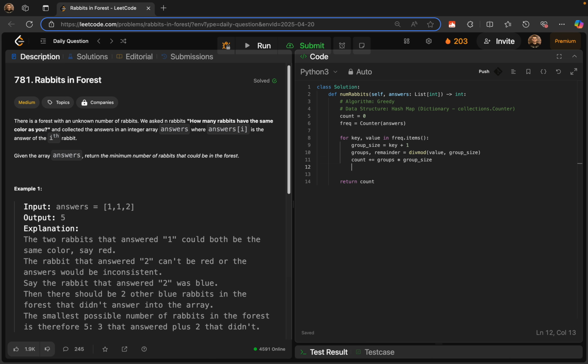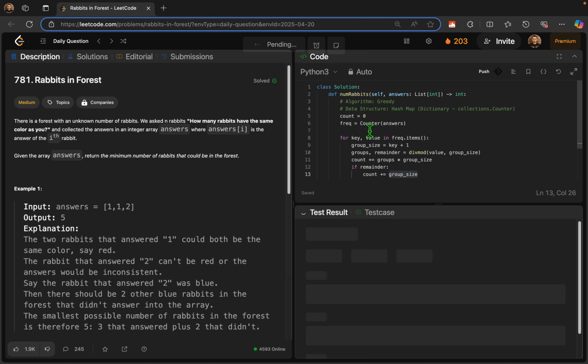Then we will count our leftover bunnies, so the remainder of bunnies. If we have some remaining bunnies, then we just add the group size without multiplying. For example, if group size is 3 and we have one remaining bunny, we will add 3 to the count. So let's run it on LeetCode.